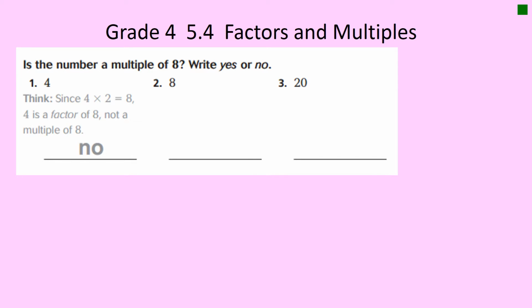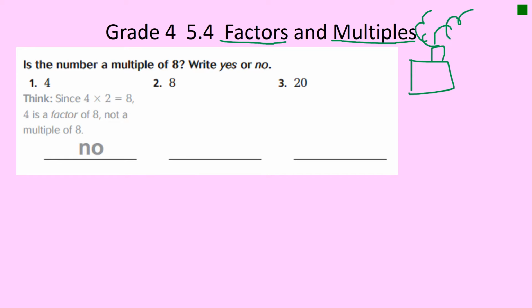Chapter 5, Lesson 4, Factors and Multiples. And we've already talked about both of these words. Factors are the numbers that build other numbers. And then multiples, I always remember that as it's when you multiply a number. Okay, let's look at my little factory again. Do you remember that?